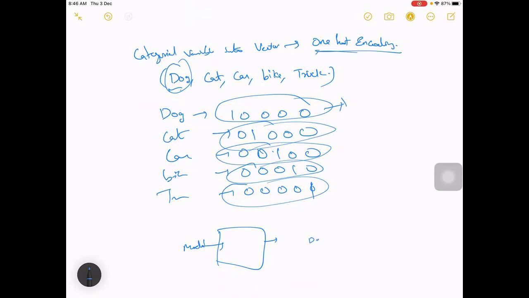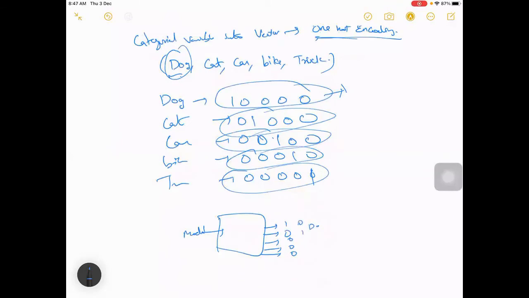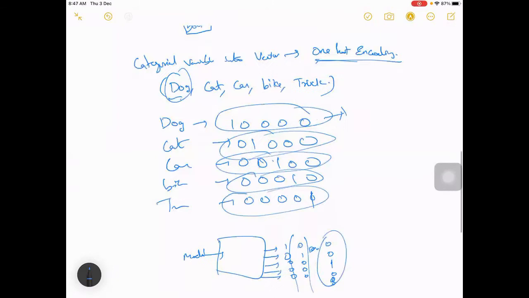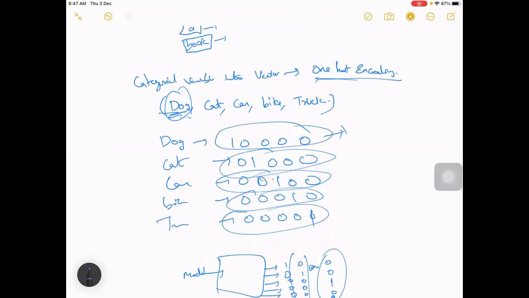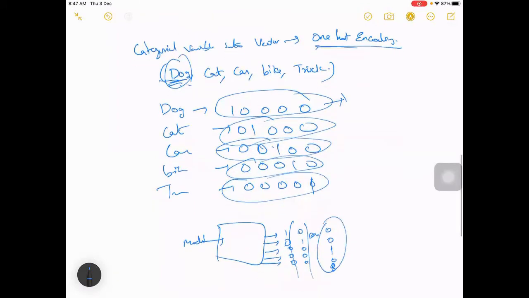Then it should give a value like 10000. If it should be a cat, 01000. If it is a car, it should predict this way. The output should be this kind of output. So we are converting our word into a one hot encoding so that we get a numerical vector which we can use for further numerical computations.